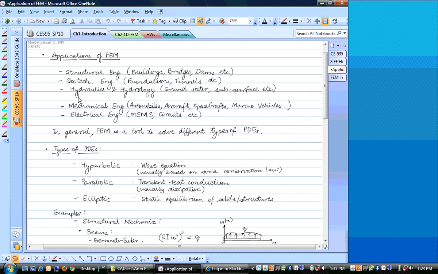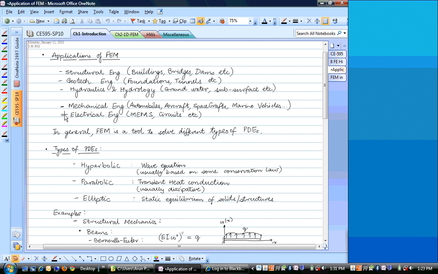In hydraulics or geotechnical, you could have foundations and tunnels, hydraulics and hydrology. People try to model groundwater flow and subsurface flows. That's called hydrology with finite elements. And the objective in those kinds of problems is usually to try to figure out where is the best source for perhaps drinking water. Those kinds of things you can solve with finite element.